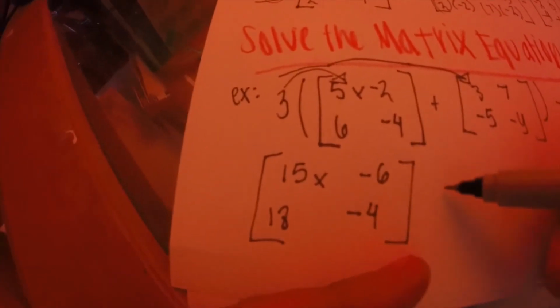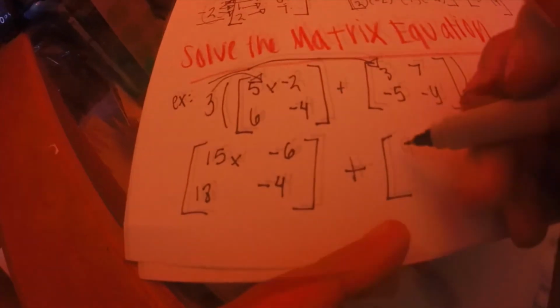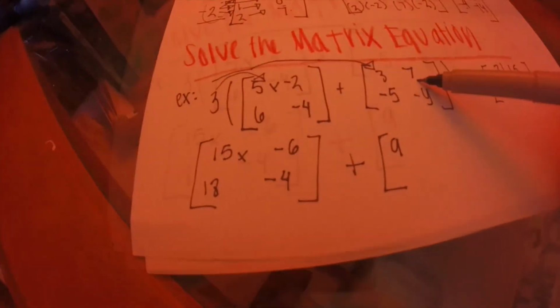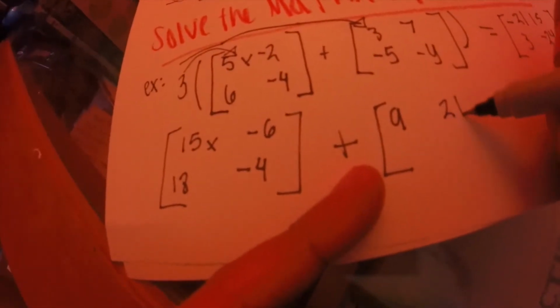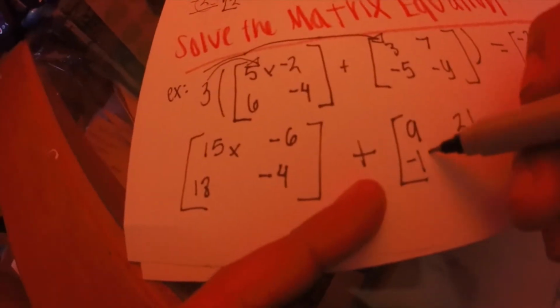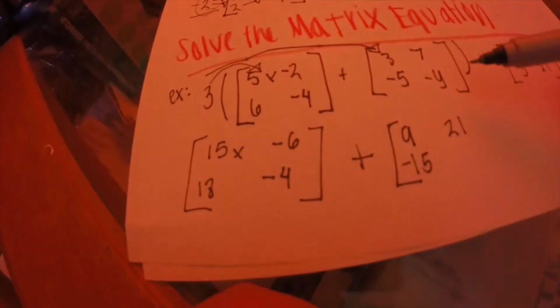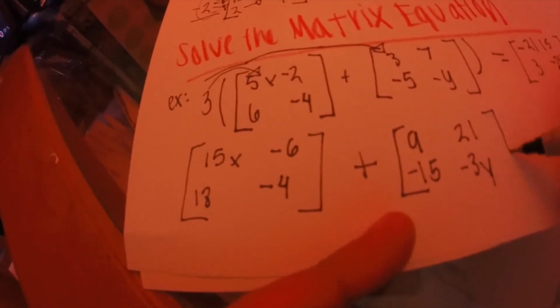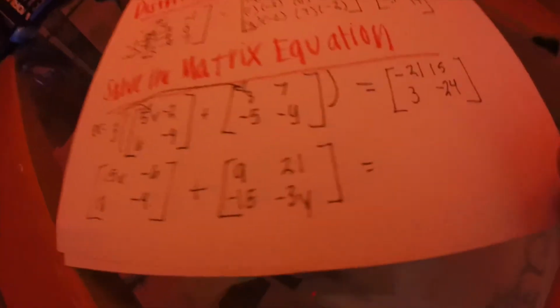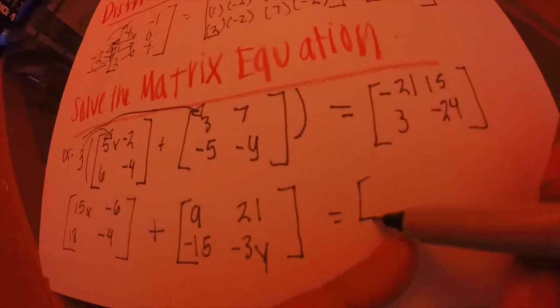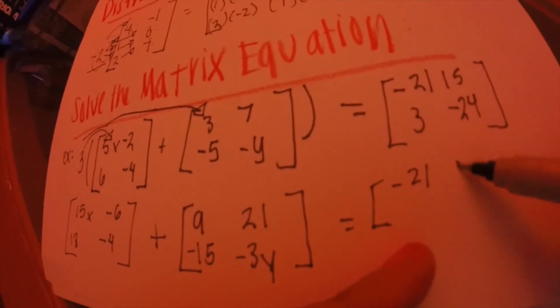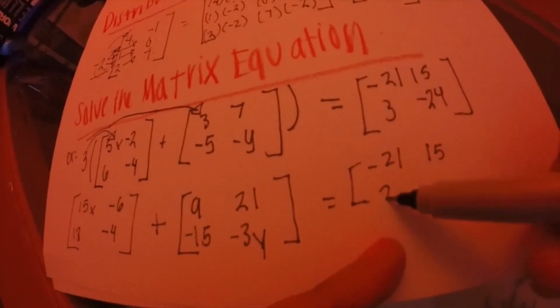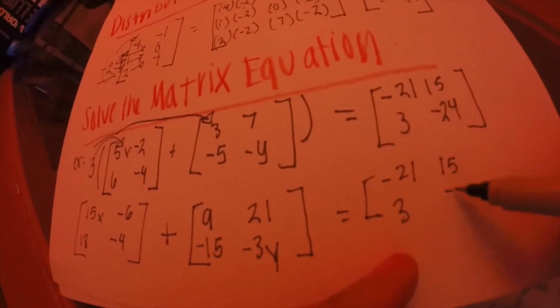Then you would have, it would still be positive, 3 times 3, 9, 3 times 7, 21, 3 times negative 5, negative 15, and 3 times negative y, negative 3y. And that would still be the same answer, since it does not ask you to distribute to the answer as well.